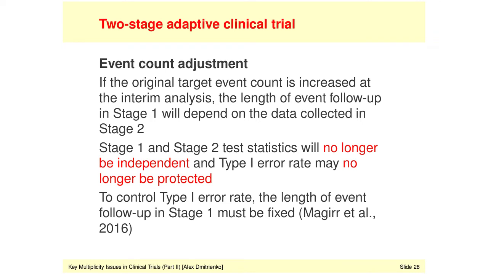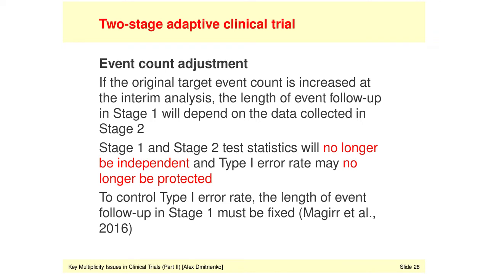The reason we're concerned about this is because if this happens, then we can very easily verify that the stage 1 and stage 2 test statistics will no longer be independent. The fundamental assumption used in the combination function principle will be violated, and we can no longer guarantee type 1 error rate control. The type 1 error rate may no longer be protected. And therefore, to control the type 1 error rate, the length of event follow-up in stage 1 must be fixed.